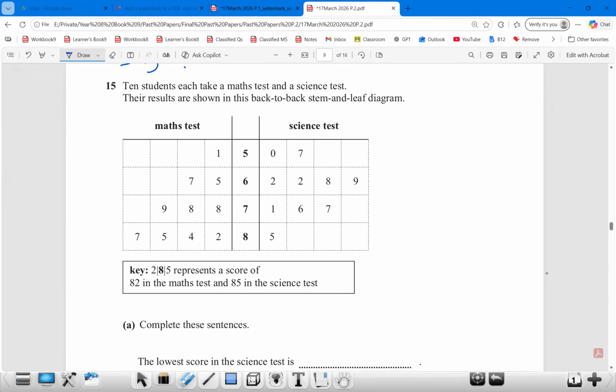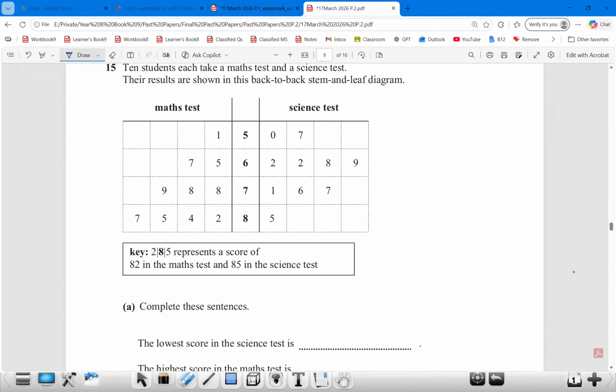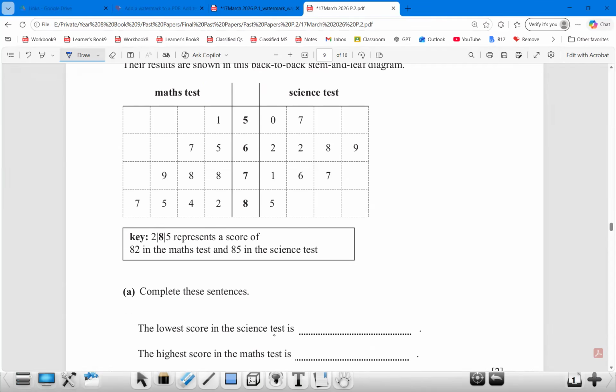10 students each take a math test and science test. Their results are shown in this back-to-back stem and leaf diagram. Complete these sentences. The lowest score in the science test is... I must get back to the key. The key says that this is 85 and that this is 82.